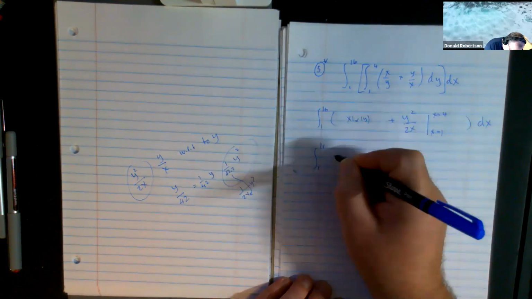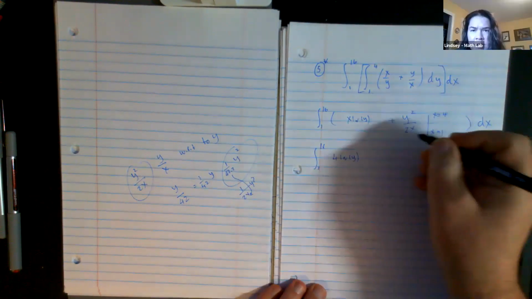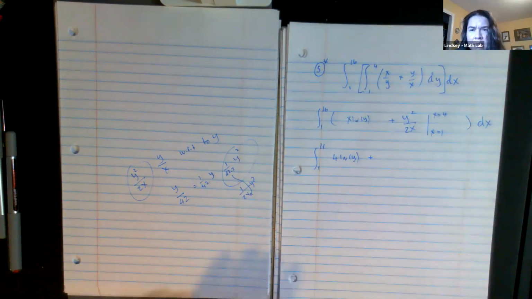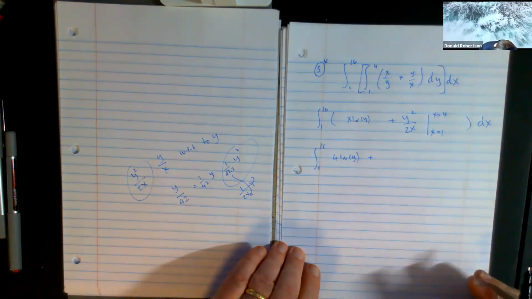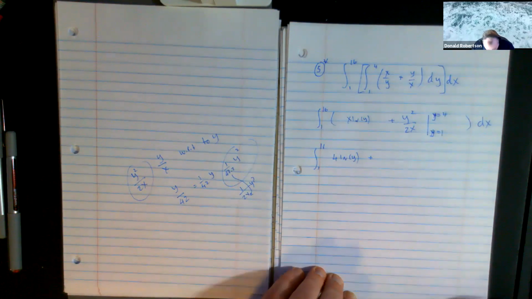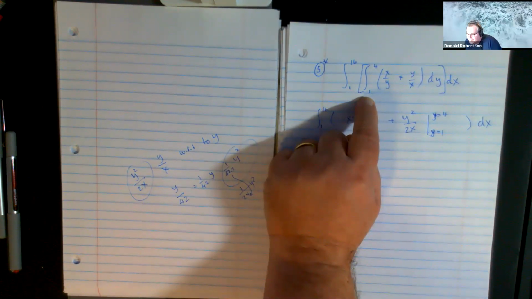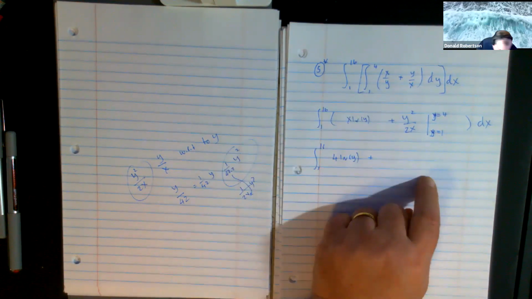You plug in 4 here, you get 4 log y. Wait, this is for dy, I think. Oops. Thank you. Which tells you why I should write y equals every single time, because that's what I tend to do.